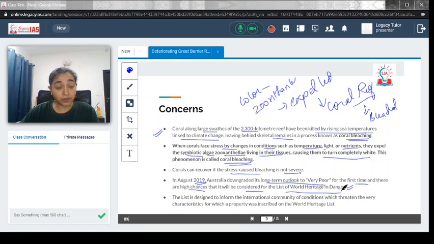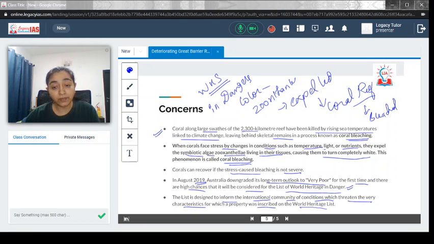The Great Barrier Reef is one of the World Heritage sites, and recently in 2019, because of the successive coral bleaching happening with the Great Barrier Reef, it is being considered for the list of World Heritage sites in danger. What does this basically mean? The list is designed to inform the international community of conditions which threaten the very characteristics for which the property was inscribed on the World Heritage list.